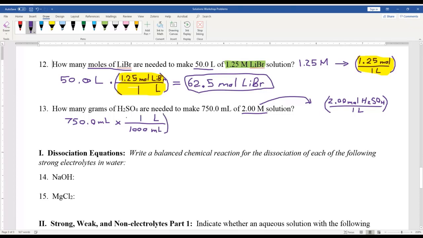Once I have liters, then I can bring liters down here and use my conversion factor, the molarity, to convert the liters to moles. And then, of course, it's 2 moles for every 1 liter.